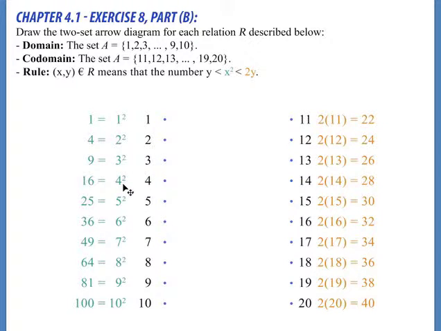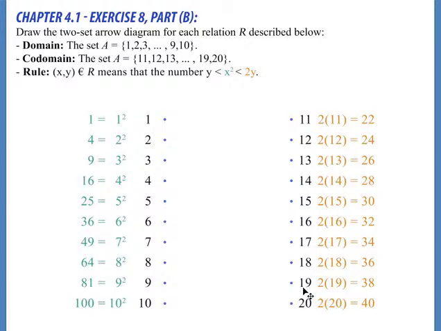Also, the x squared has to be less than 2y. From 5 on up to 10, each of their squares is greater than any of the 2y's.